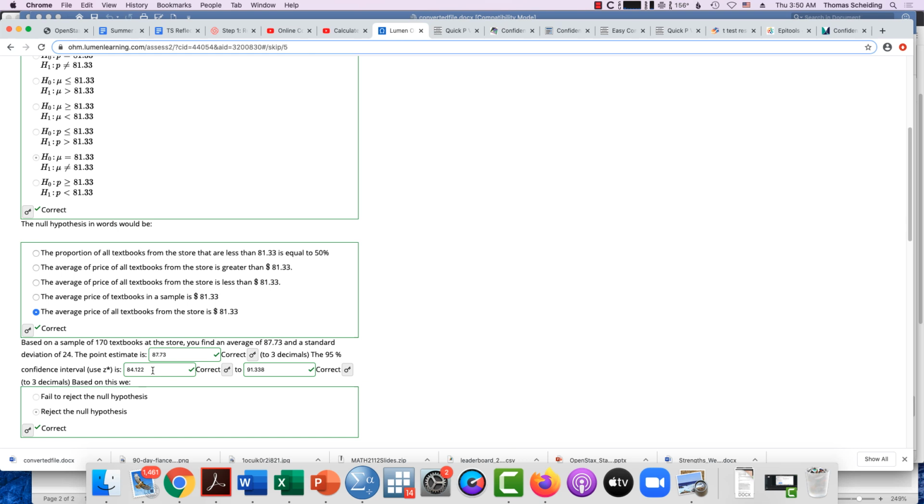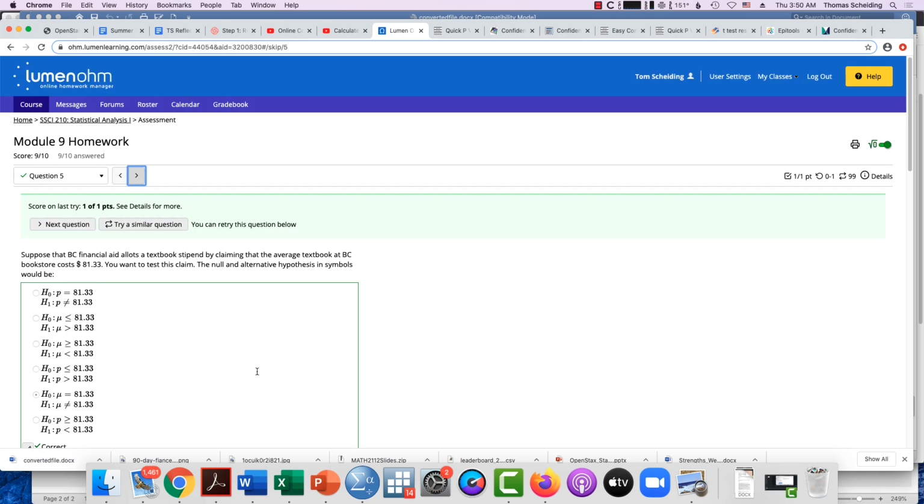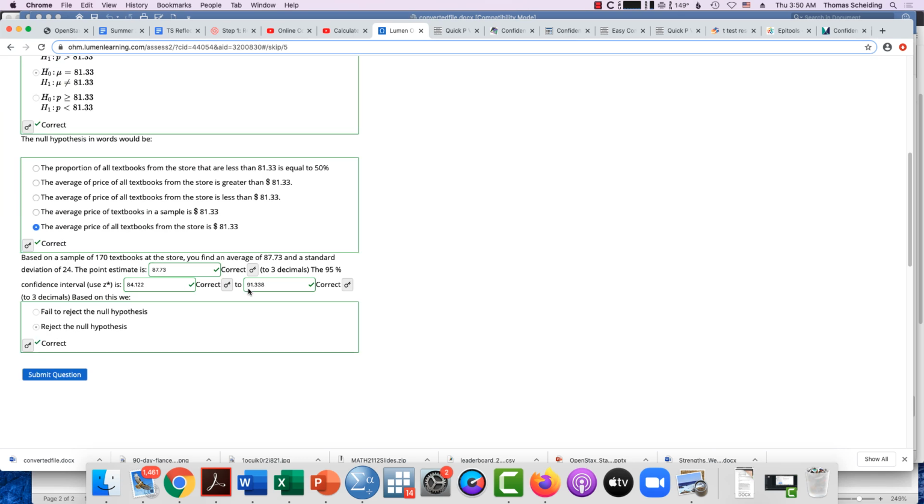So then I did minus 3.608 plus 3.608. Now I know what my 95% confidence interval is. And if I go back up to here and people are saying 81.33, it's not even in my 95% confidence interval, which is why I then reject the null hypothesis.